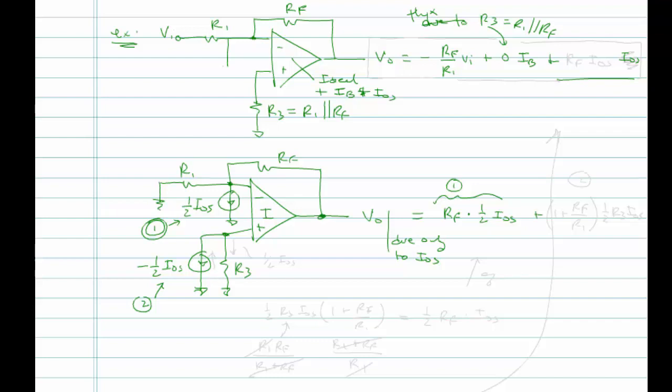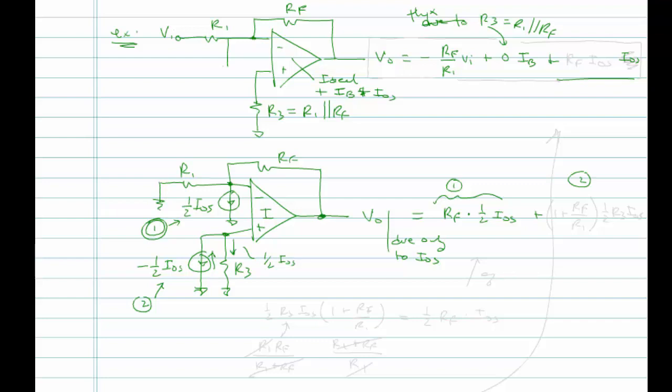Then we will consider the second source, which is tied to the non-inverting input. Notice that the current source is pointing down, but its value is minus. So let's visually, in our mind's eye, envision this going up, and I have 1/2 IOS going up and into R3.